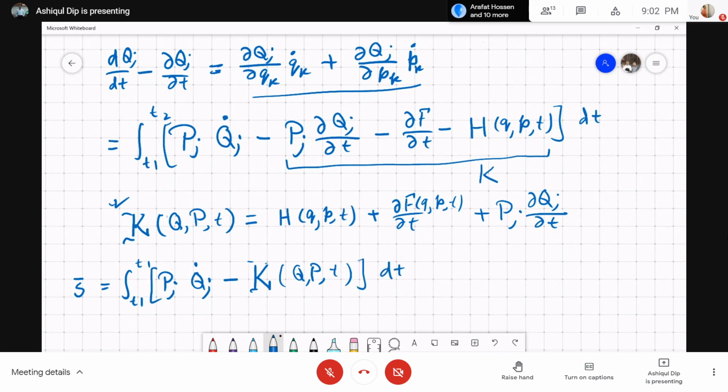This is our S bar. So just varying this will give us the equation of motion, right? So let's vary that and see what happens.